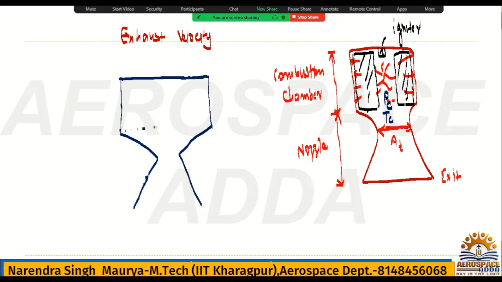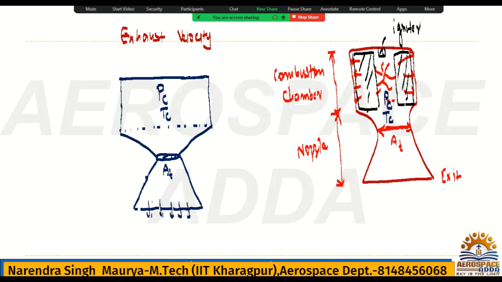This is the minimum area of the nozzle, which is called the throat, AT is the throat area, and this is the exit.